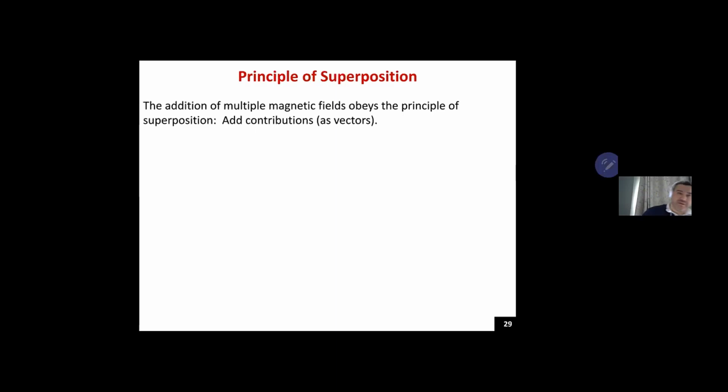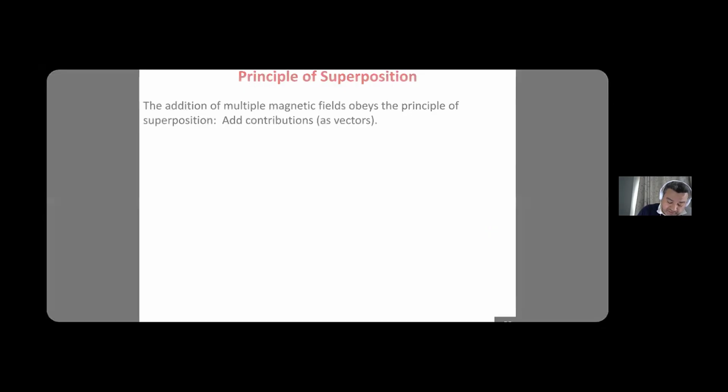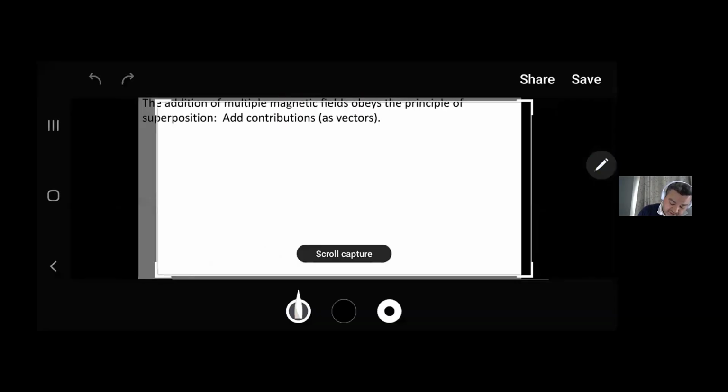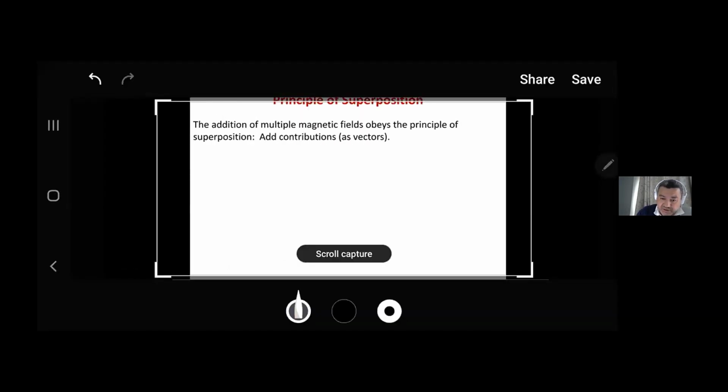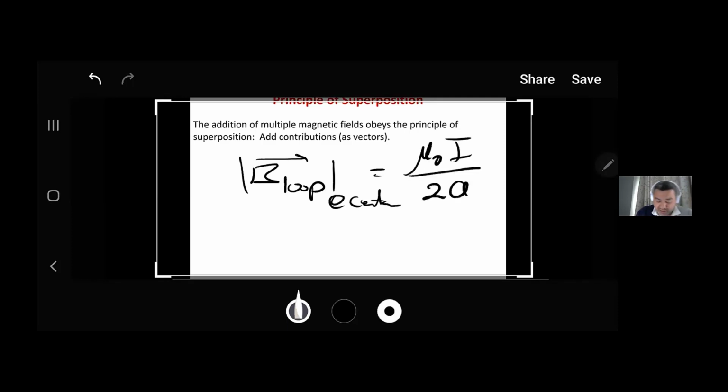At the end, you have a magnetic field that is a function. Let's take, for example, this magnetic field for the loop at the center, which is mu naught I over 2a.